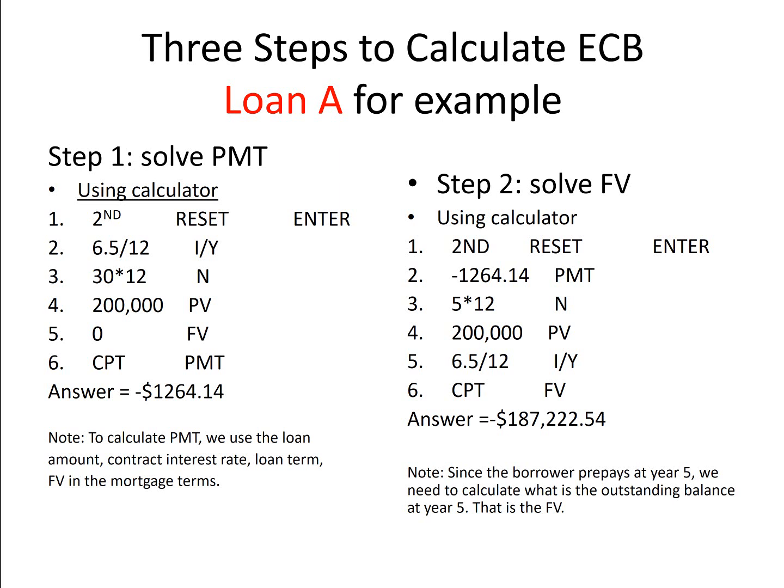We compute the future value at the end of year 5. So the future value, the outstanding balance for loan A at the end of year 5, is $187,222.54. Again, the future value is the amount of money which will be paid to the bank. So that is a cash outflow. It's a negative number here.